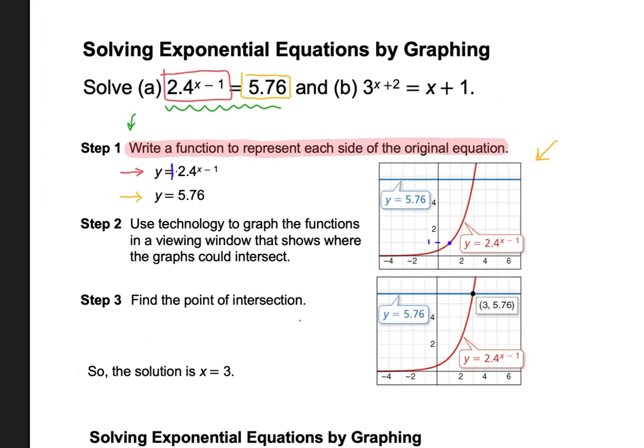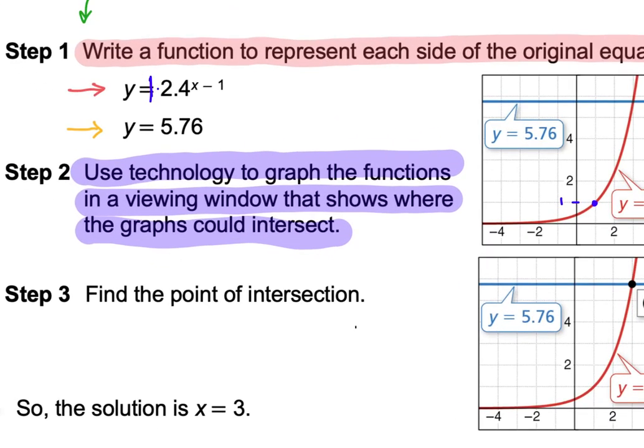So that's step 1, graphing this stuff. I'm sorry, really, step 1 was represent each side. Step 2 is my favorite step, because it's use technology to graph the functions. Nice. And make sure to change the view so that you can see where they intersect.